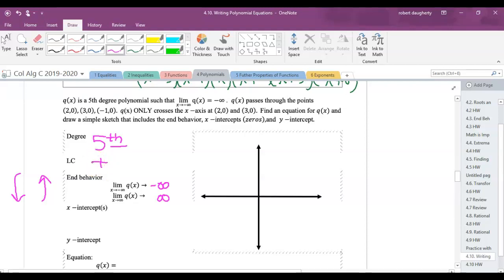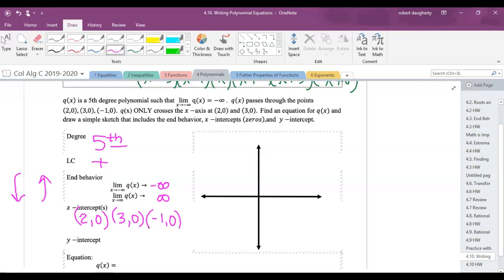Okay, I know that already. It passes through these points, 2, 3, and negative 1. So those are my x-intercepts. It only crosses the axis at 2 and 3. So that's telling me, what does it do at negative 1? It does not cross.